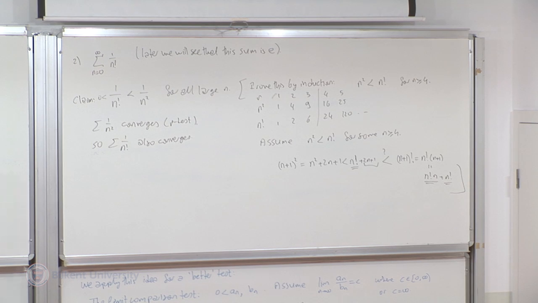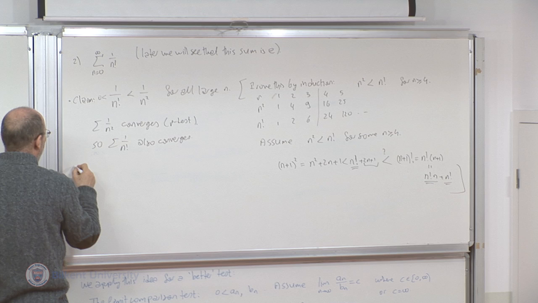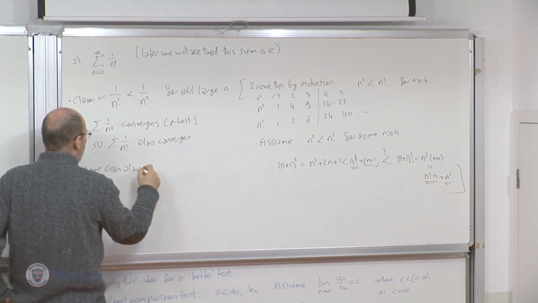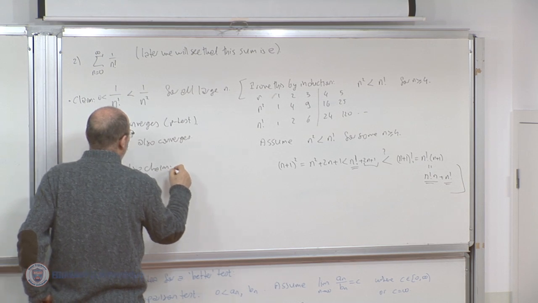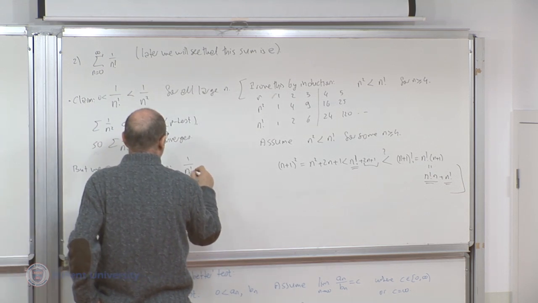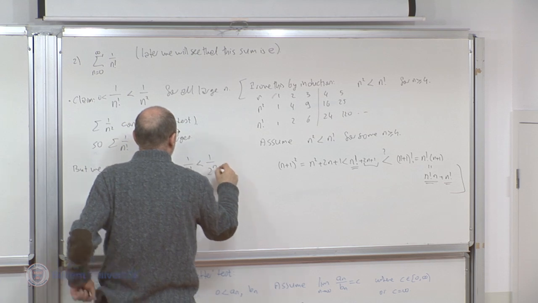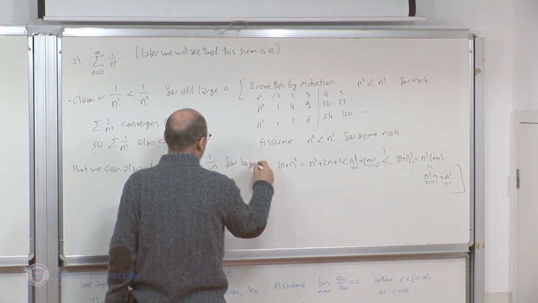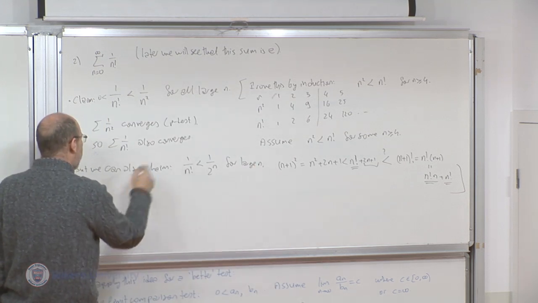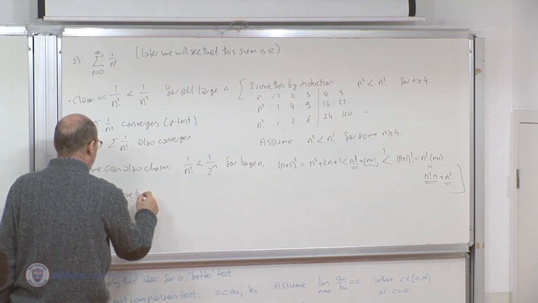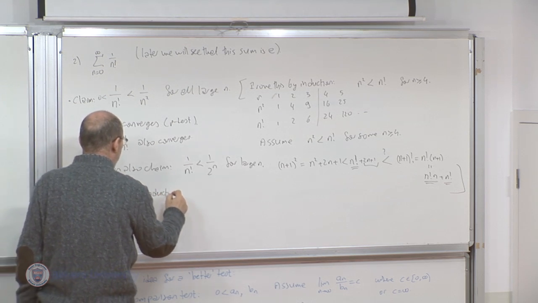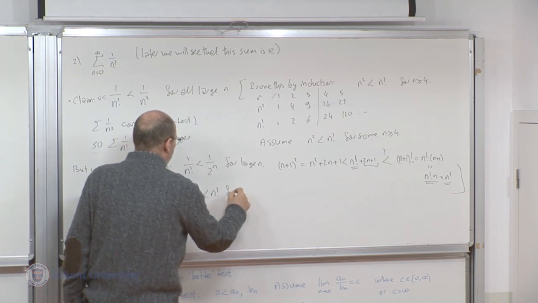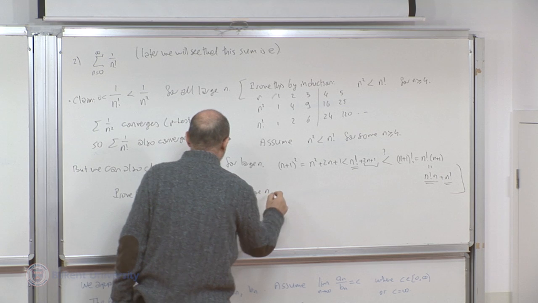So another claim. We found this, but we can also claim the following: 1 over n factorial is less than 1 over 2 to the n for large n. So again, prove by induction: 2 to the n is less than n factorial for large n.